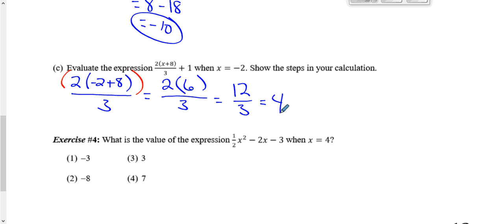Now, do you remember when I put PEMDAS up there? I kind of grouped multiplication and division together. So when you get to that point between the two, let me ask you this. Let's do division first. What's 6 divided by 3? 2. 2 times 2 is 4.